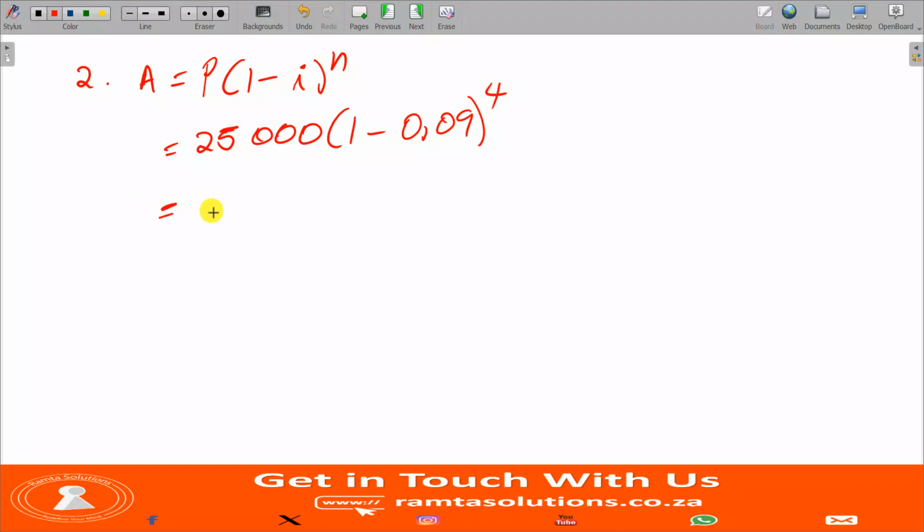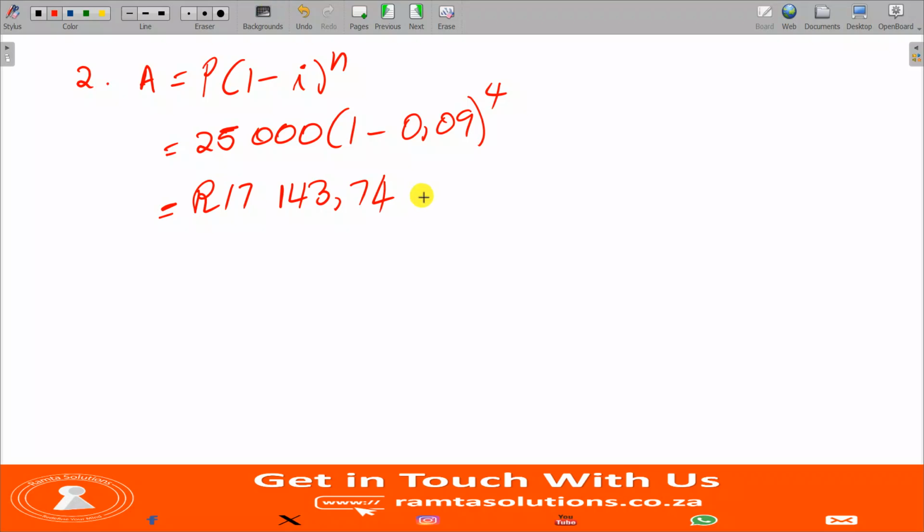So what do we have? We have 17,143 rands and 74 cents. So it seems it's better if your equipment depreciates on a reducing balance method than on a straight line method.